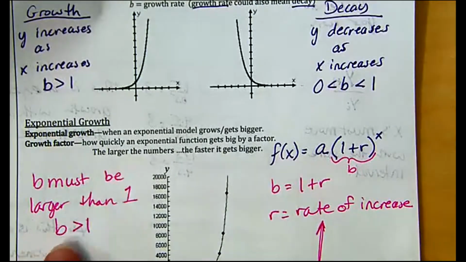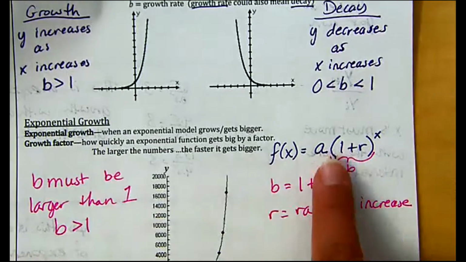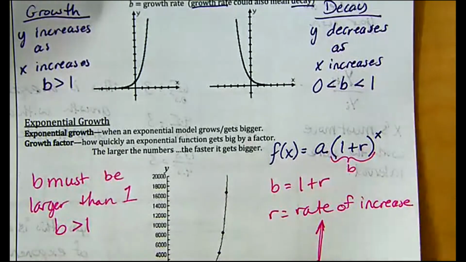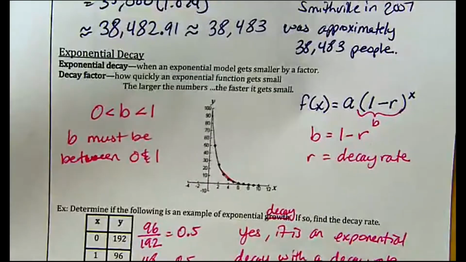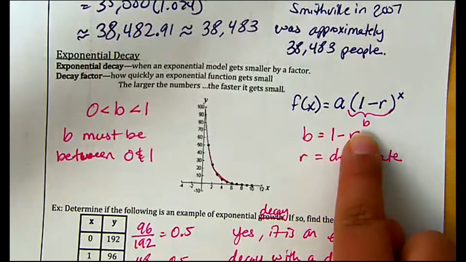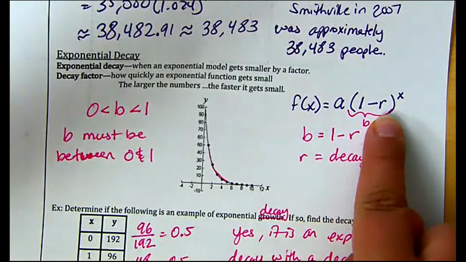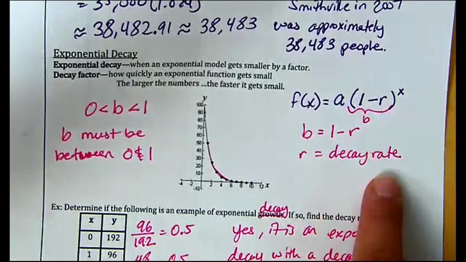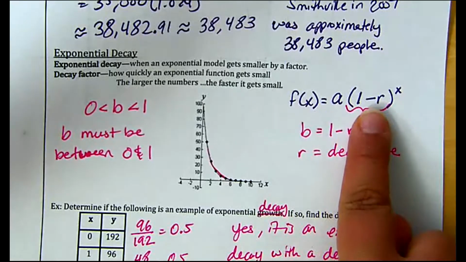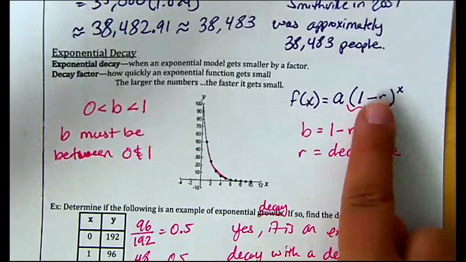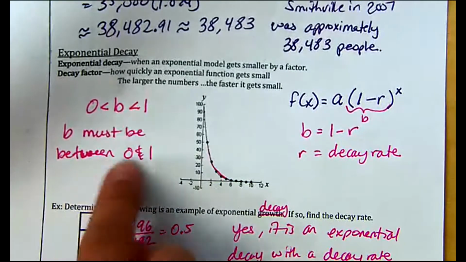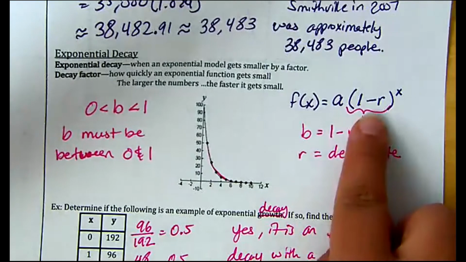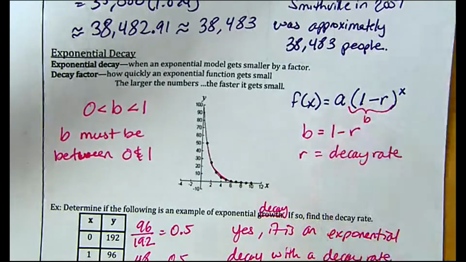This is what makes b greater than 1 in a growth model, because we have the 1 plus that growth rate there. Okay, and then we have our exponential decay model, and now we have our b represented as 1 minus r, where r is our decay rate here, right? And this is what's going to make our b greater than 0 and less than 1, so between 0 and 1 there, because we're subtracting the decay rate from 1.